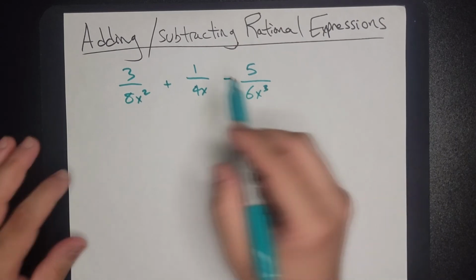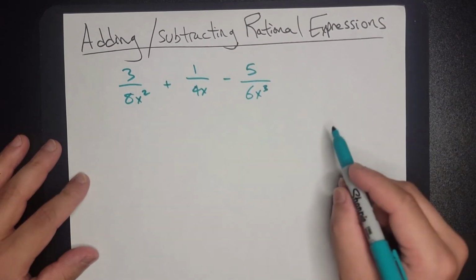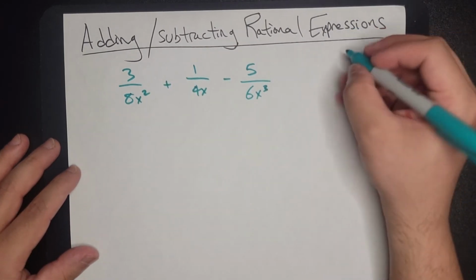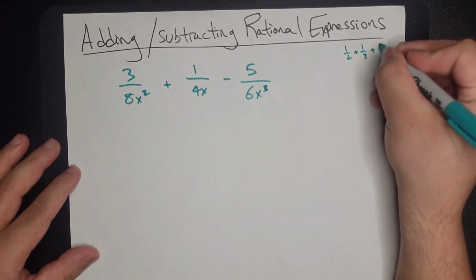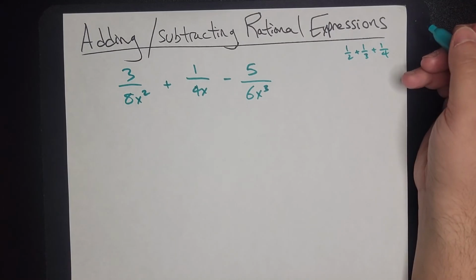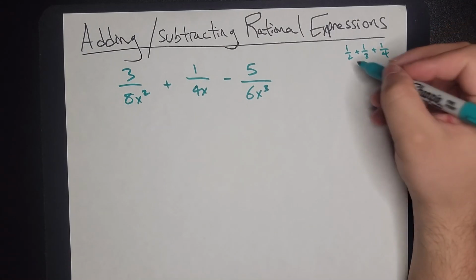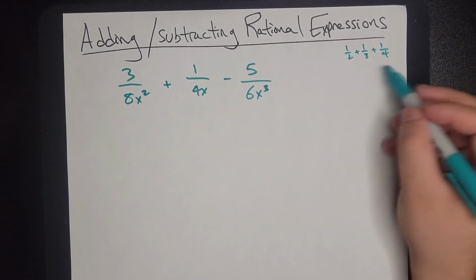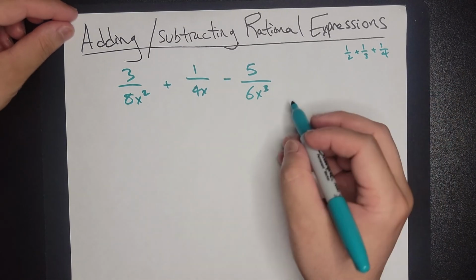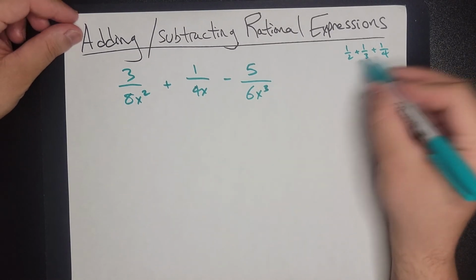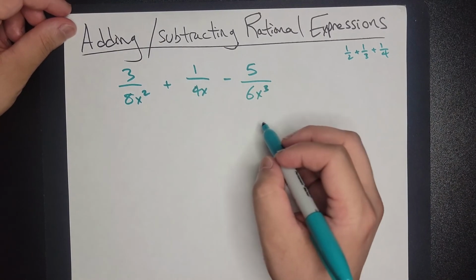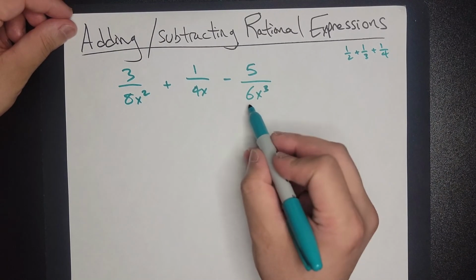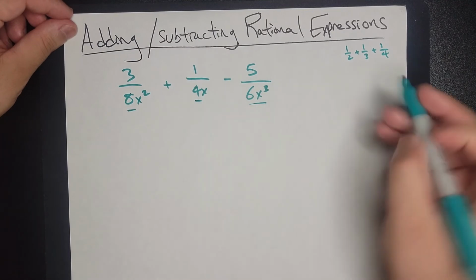So as you can see, we can treat these like fractions. Usually when we add fractions like 1 over 2 plus 1 over 3 plus 1 over 4, we try to find a common denominator between them. And once we have the common denominator, then we can turn it into one simple term. So we're going to do the same here, and we're going to start by finding a common term between these three.